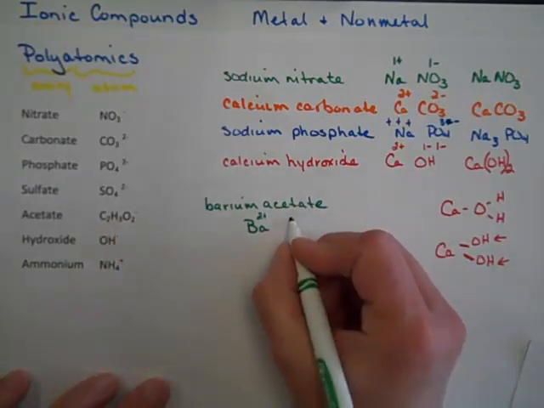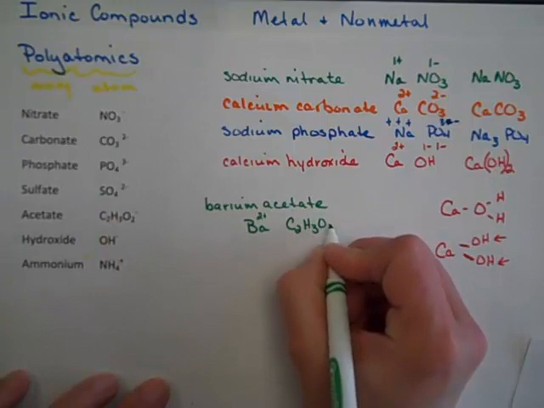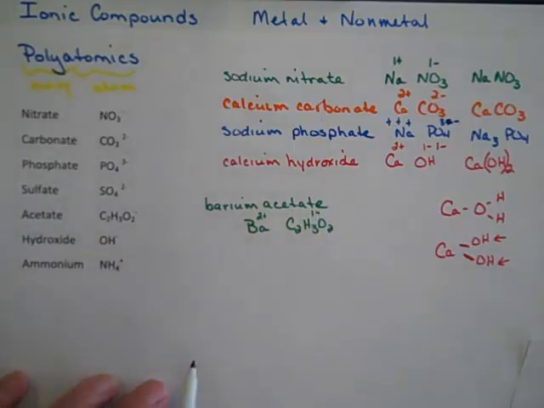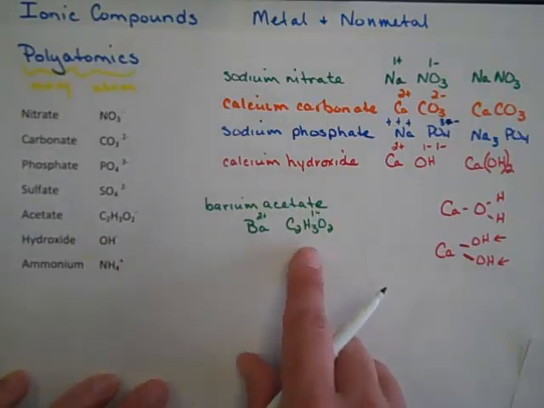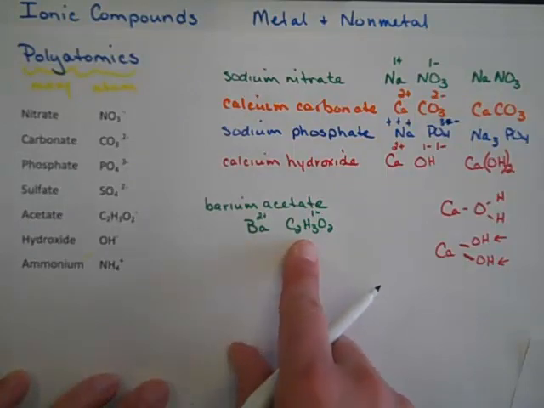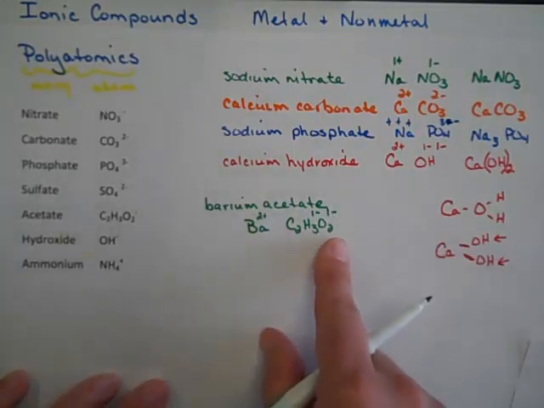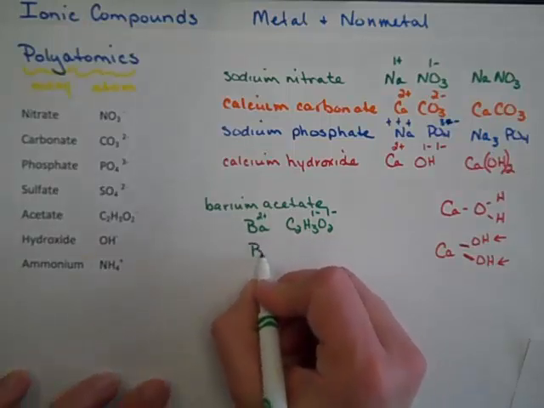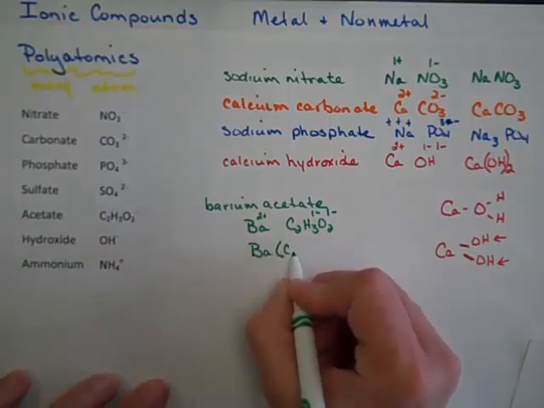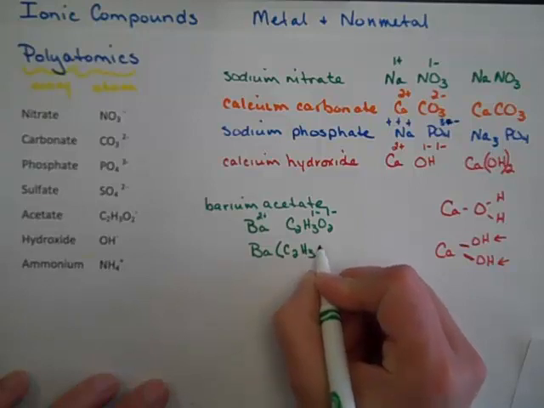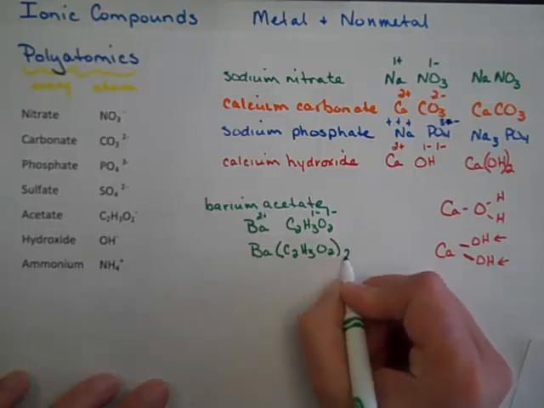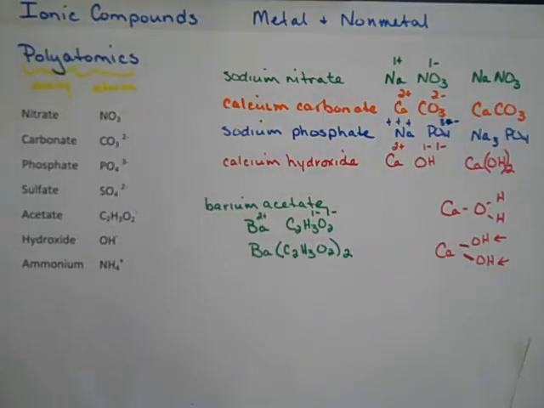Acetate is this really long one, but it only has a 1 negative charge. So the same thing happens here. We have 2 positives, but only 1 negative, so we need 2 of those 1 negatives. To show that, we would have to put that acetate into parentheses and put a 2 on the outside.